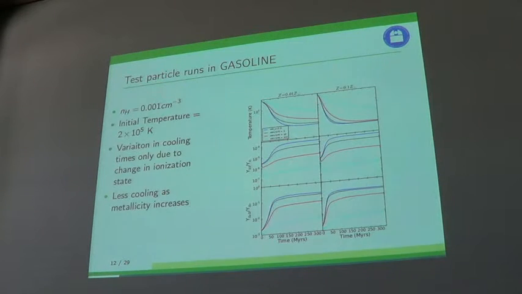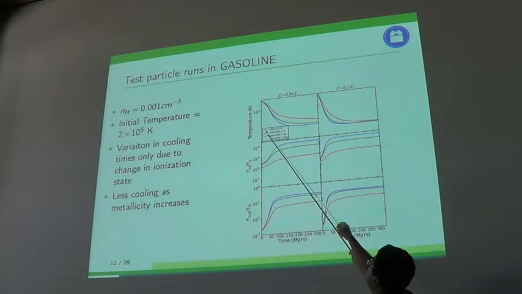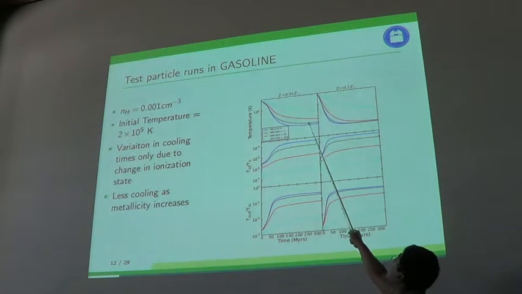So I implemented this in the hydrocode Gasoline, and just to test if it works, I take a particle at a particular temperature, 2 times 10 to the power 5 Kelvin. It is not coupled to any hydro or anything. I just evolve its temperature as a function of time under different conditions of the radiation field. If you see here, you have just the Haardt-Madau at redshift 2, that's the blue line.